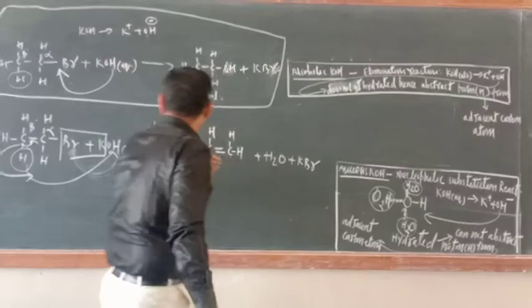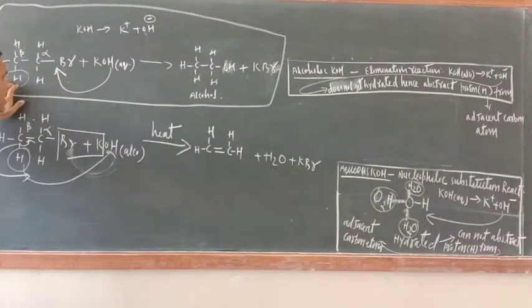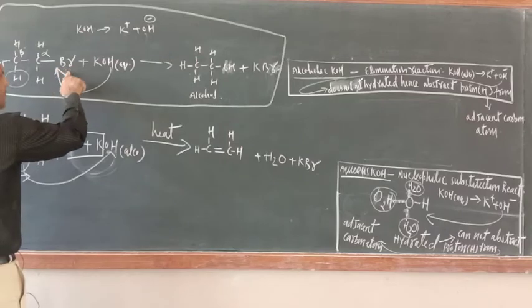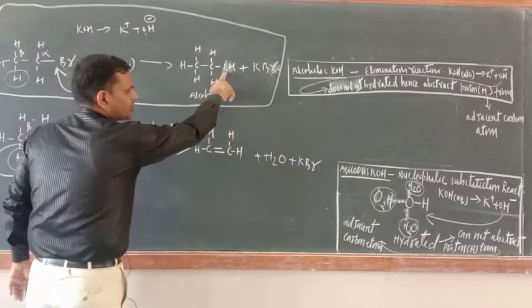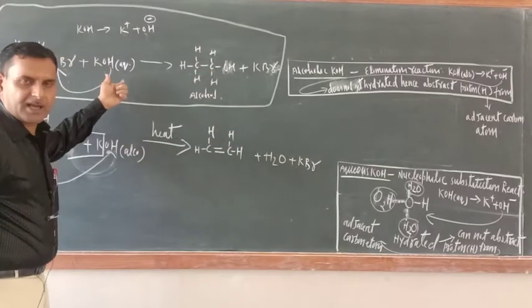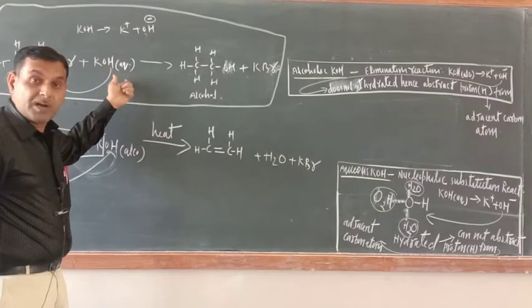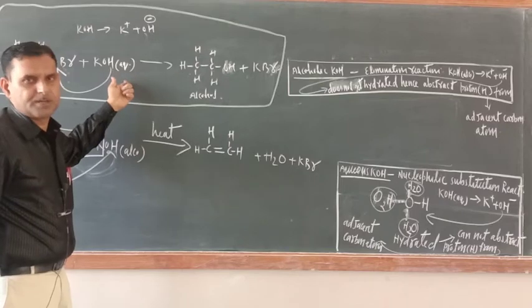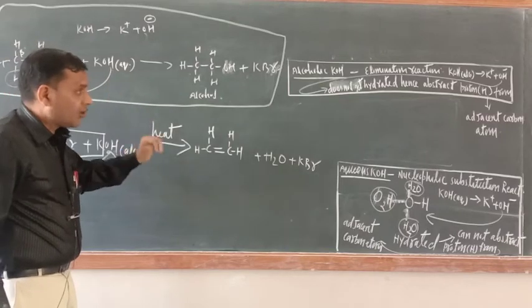That OH is hydrated, so it cannot abstract a proton from the adjacent carbon atom. When it can't abstract this proton, it will replace Br from here and attach there. That is why aqueous KOH brings about a nucleophilic substitution reaction. What about alcoholic KOH?